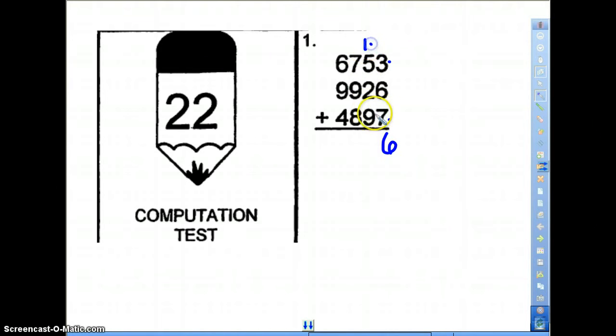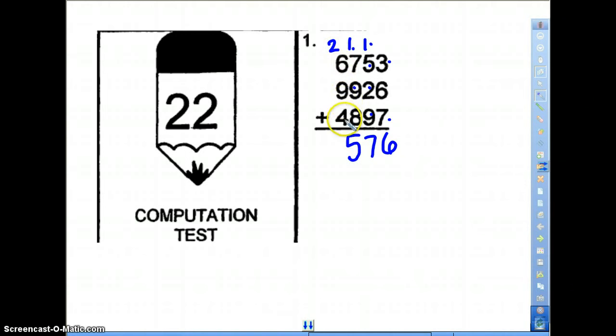Okay, can we make a group of 10 out of this column here? Yeah, we can with the 1 and the 9. That makes 10. There's 5 and 2, that's 7. So 10 plus 7 is 17. Okay. Can we make a group of 10 here in this column? Yeah, we can with the 1 and the 9. That makes 10. The 7 and the 8 make 15. So 10 plus 15 is 25.